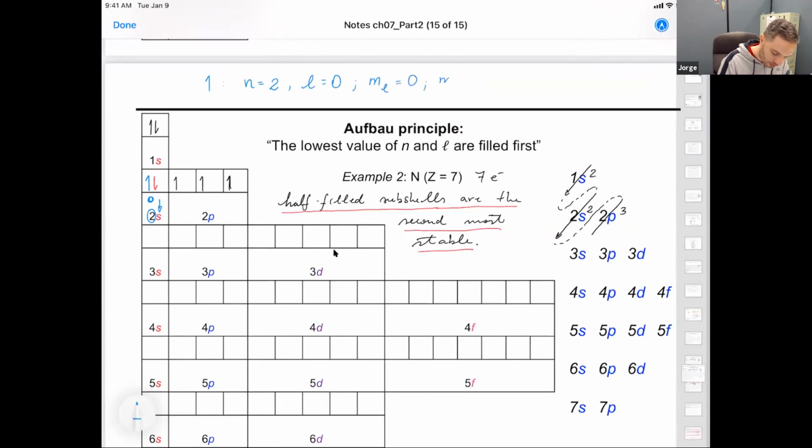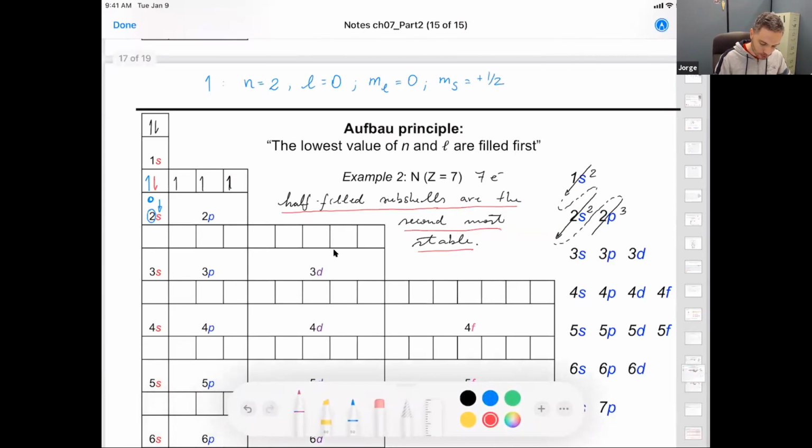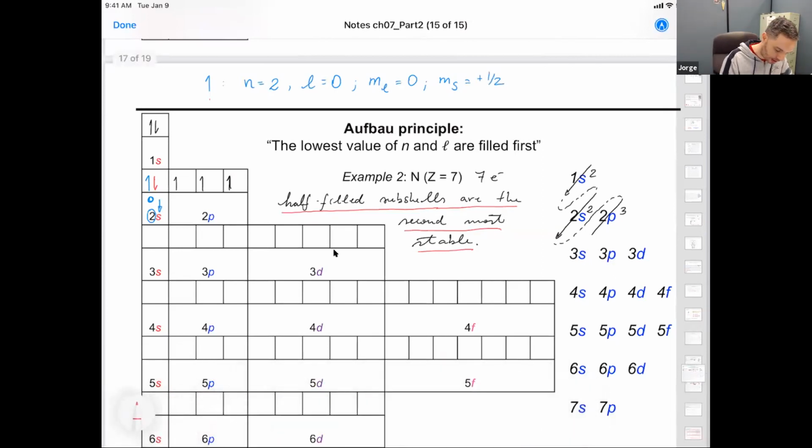And the fourth quantum number is ms. Here, for ms, we will have to follow conventions. So I like to assign ms plus 1/2 for electrons pointing up. Therefore, the ms for the blue electron is going to be plus 1/2. And let's do the same thing for the electron pointing down.